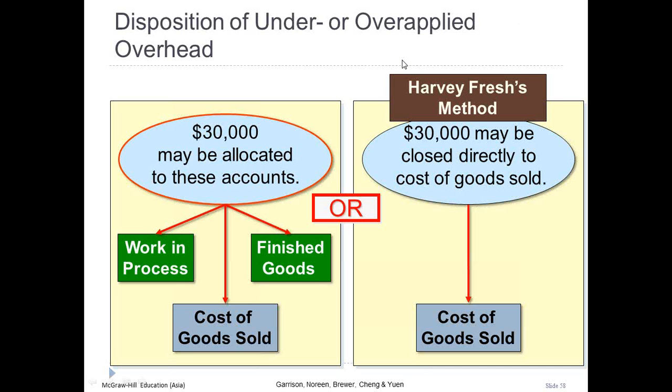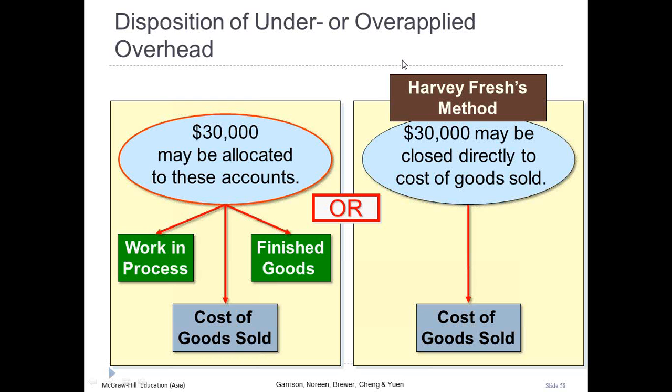So how do we dispose of underapplied or overapplied overhead? There are two good ways to dispose of it. The more complex approach is to allocate a portion of the overapplied or underapplied overhead to work in process inventory, finished goods, and cost of goods sold.